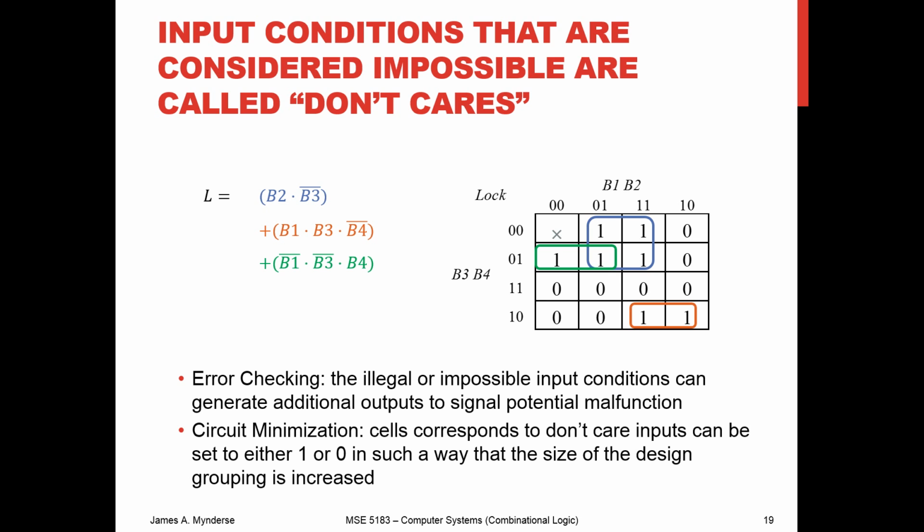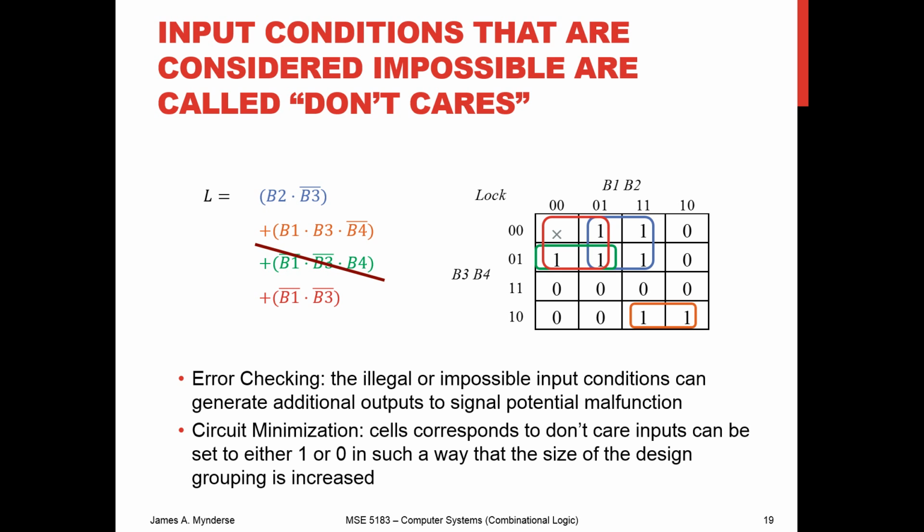That's one way to do it, if we assume that the X is a 0. Or we could assume that the X is a 1, and we could grab that whole thing in there, which would reduce the need for the green grouping and makes it a little simpler. So we can use it whichever way is convenient for our minimization.